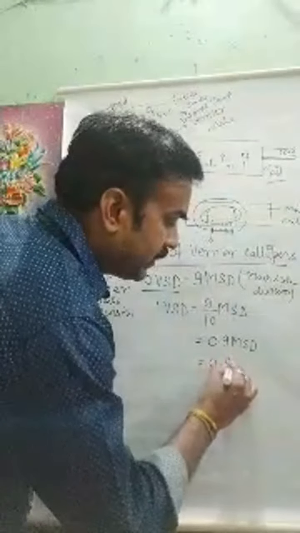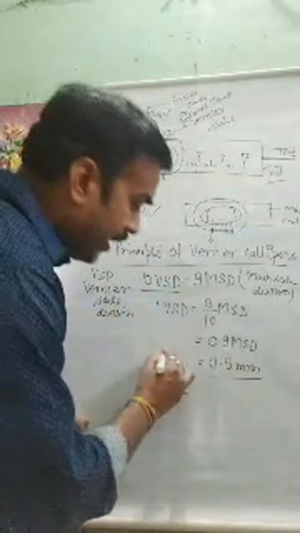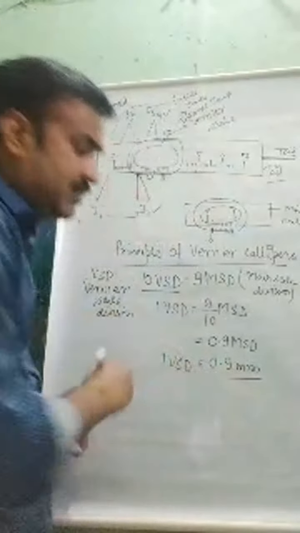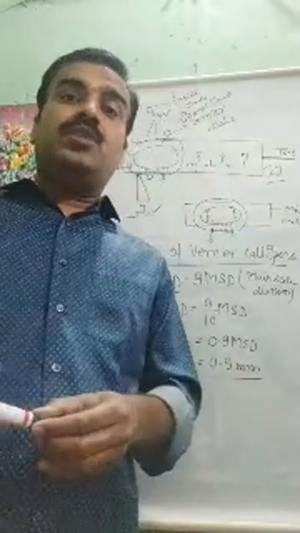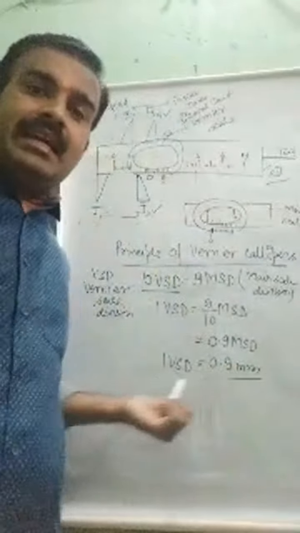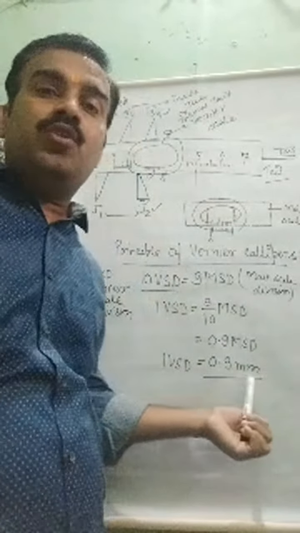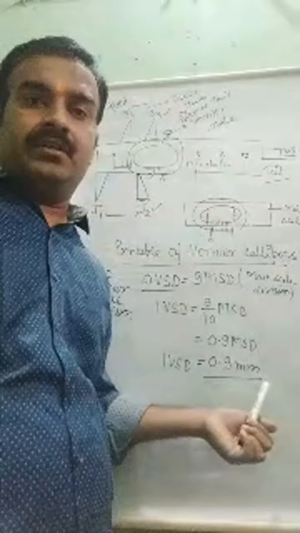That means we can write 0.9 millimeter. That means 1 Vernier scale division is equal to 0.9 main scale division, or we can write 1 VSD is equal to 0.9 millimeter.